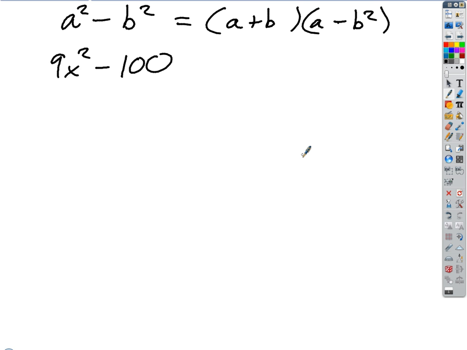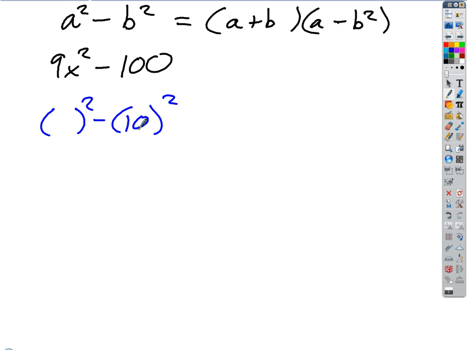Now we've got to figure out what's my a and what's my b. Here's how I like to do this: I always like to write it like that, and then see if we can fill in the blanks. The b is pretty simple. What squared is 100? 10. So b has got to be replaced by a 10. Now the a is a little trickier. 3x.